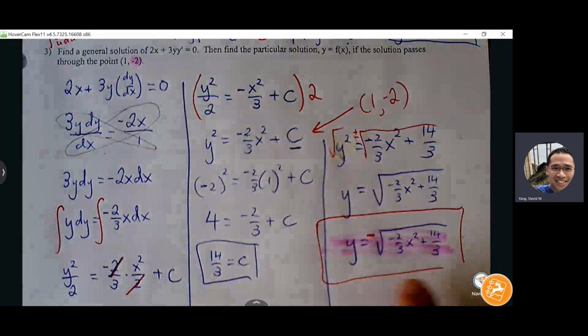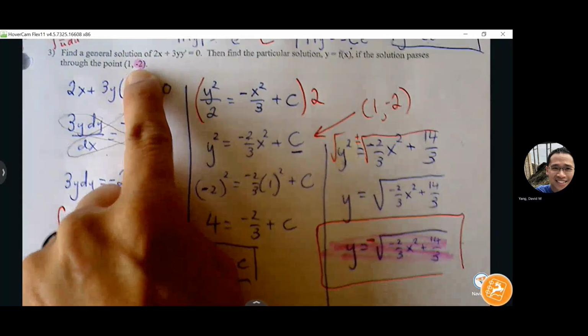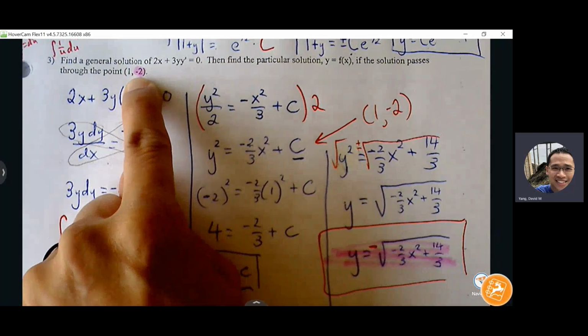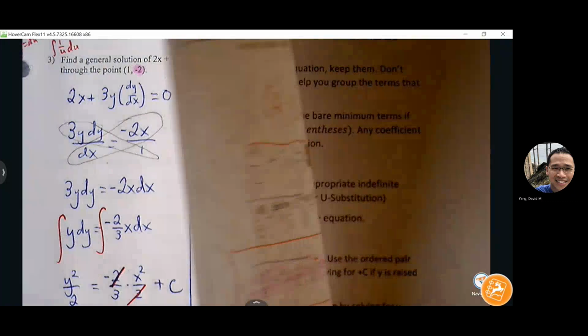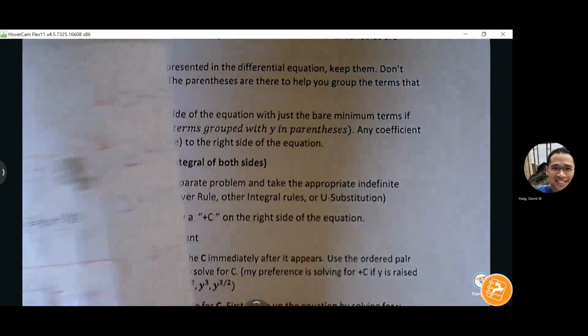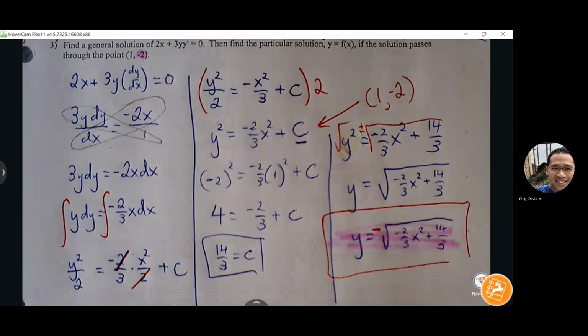So therefore, we select this particular solution because we have this as a requirement. Okay, any questions?